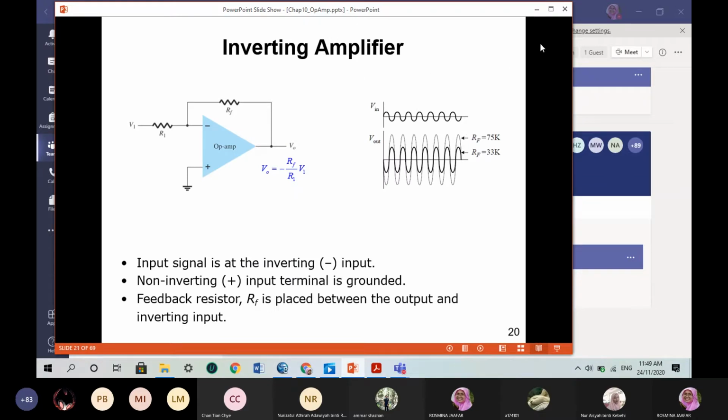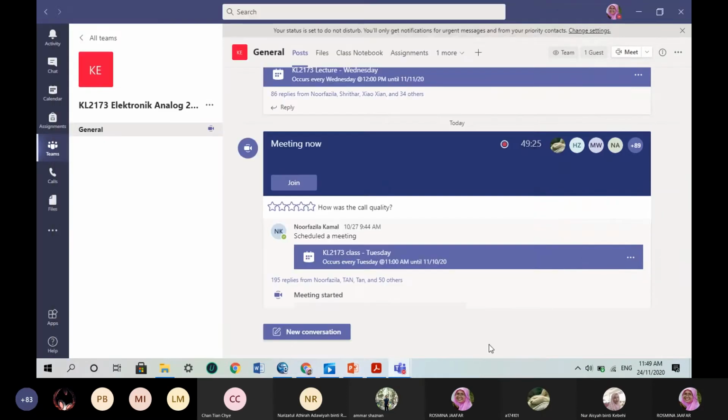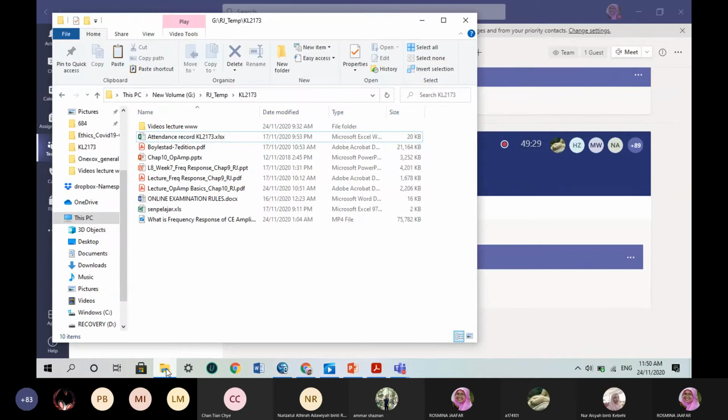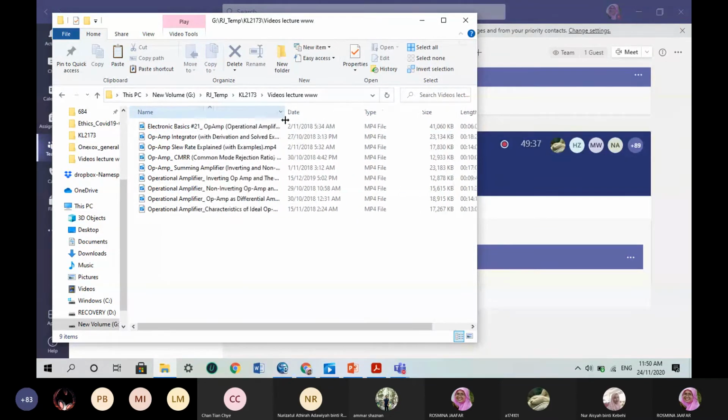Before we go into the specific arrangements, I will stop here. I want to show some videos on the basics of the op-amp. Let me show you some video.